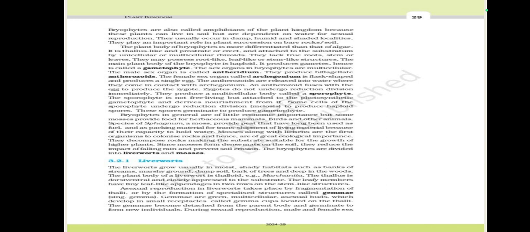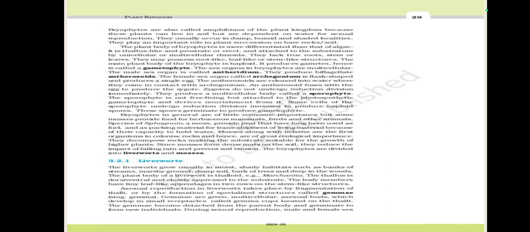The main plant body of bryophyte is haploid. It produces gametes, hence is called a gametophyte. The sex organs in bryophytes are multicellular. The male sex organ is called antheridium. They produce biflagellate antherozoids.